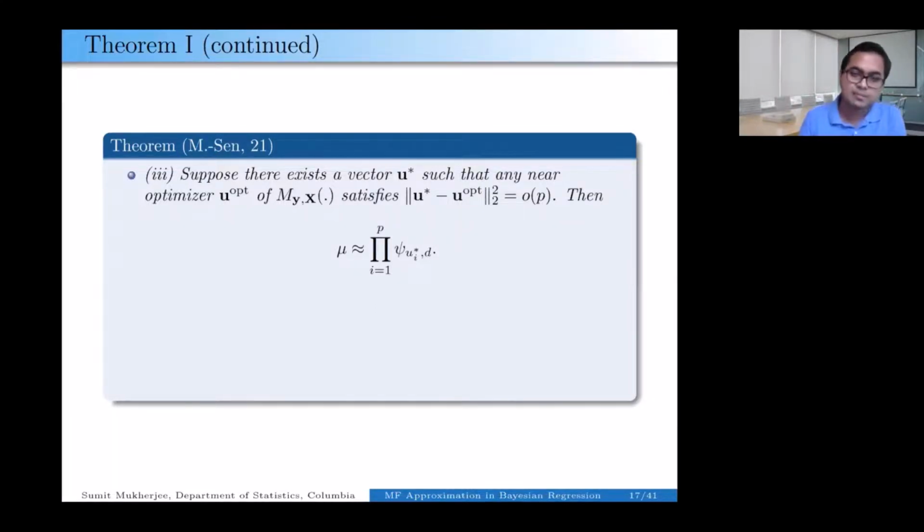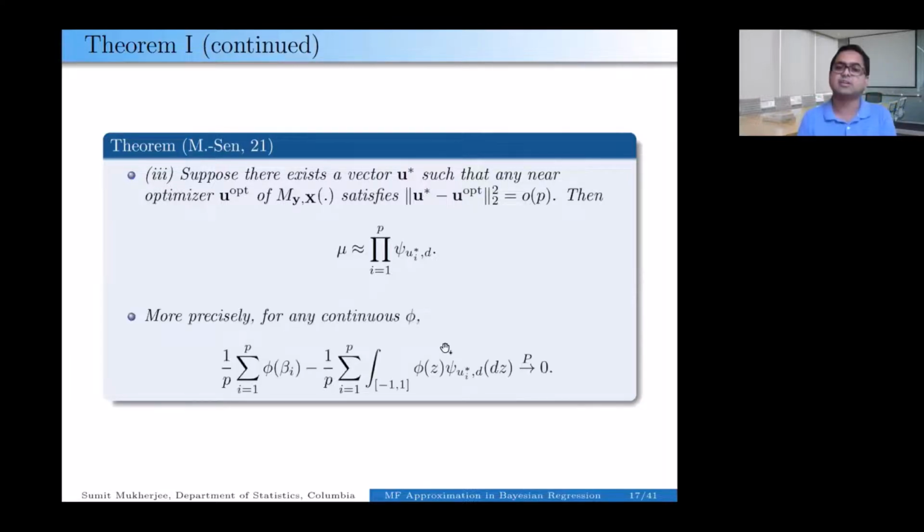Then mu behaves, and this behavior will be clear in the next line. Mu behaves in a relatively not too strong way, but not too weak way, depending on the perspective. But mu can be well approximated by a product measure, right? This was the purpose in some sense. Why do we do mean field approximations? We do mean field approximations in the hope that we can approximate the true distribution by product measures.